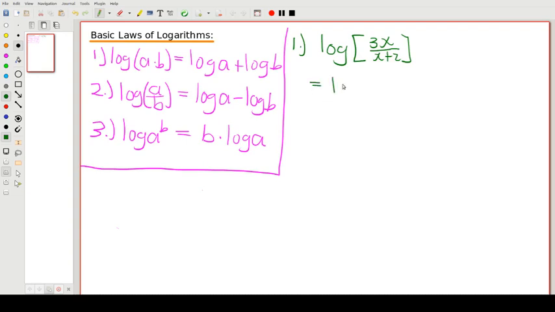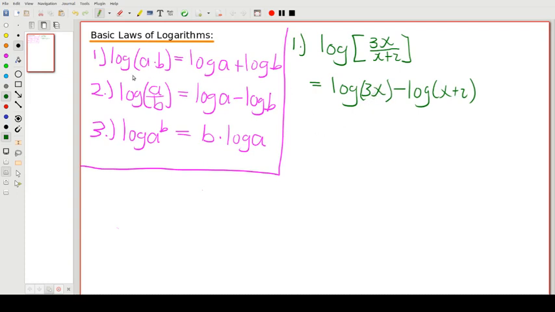So we'll say log, and the first big thing is that we've got something divided by something else. So we'll have the top thing 3x minus the bottom thing x plus 2. Let's put this in brackets also just so we can see this is the top part and this is the bottom part. And now here we see we've got something multiplied.